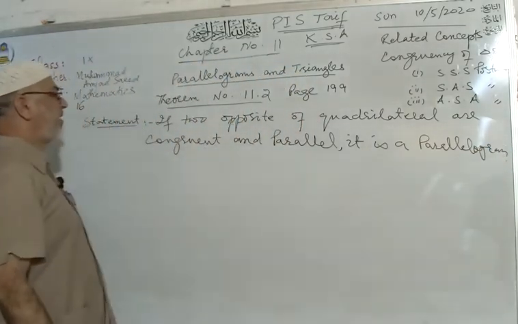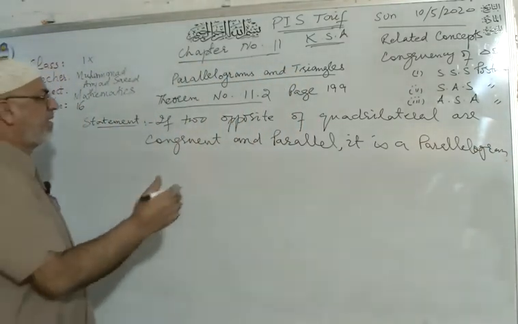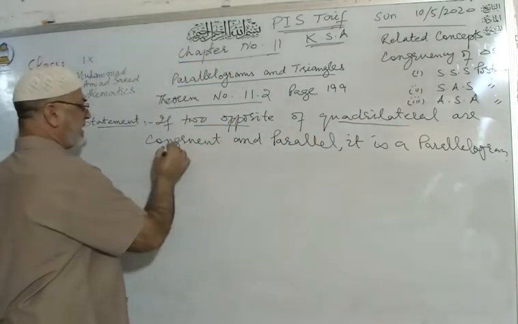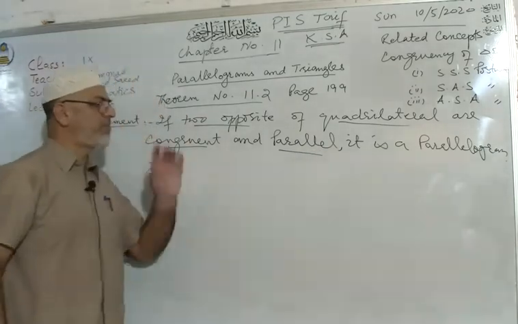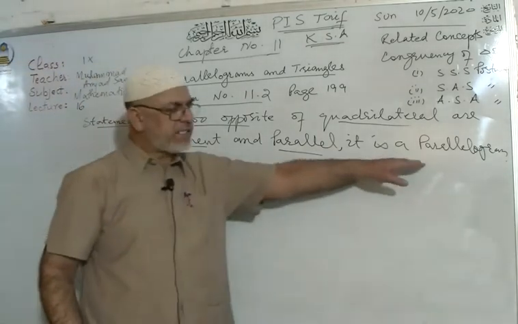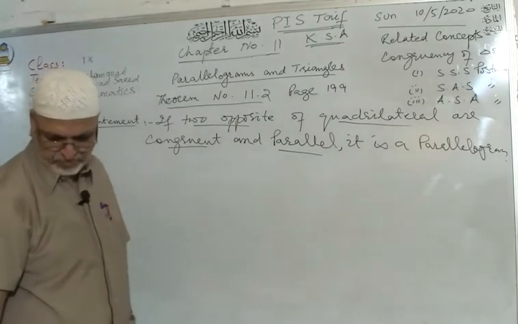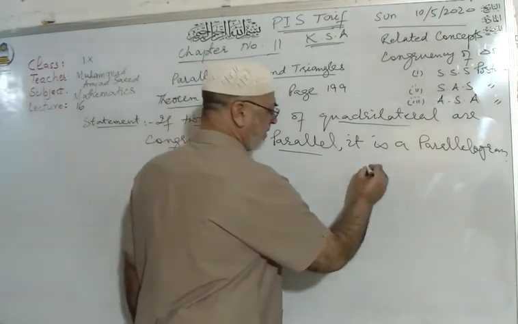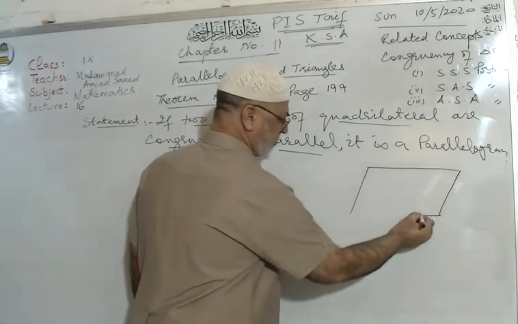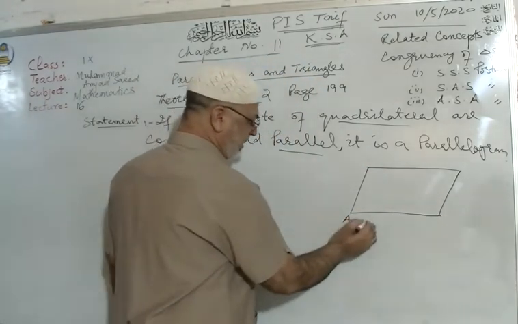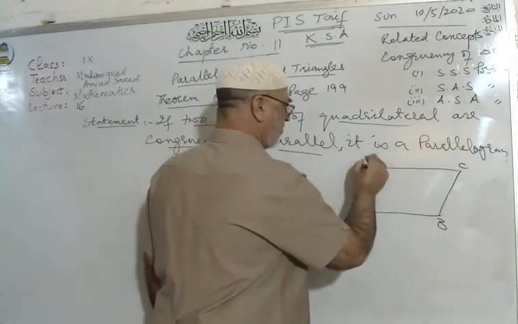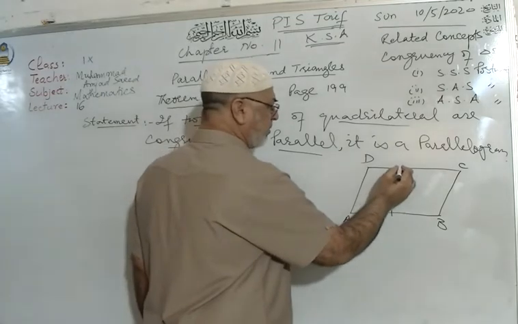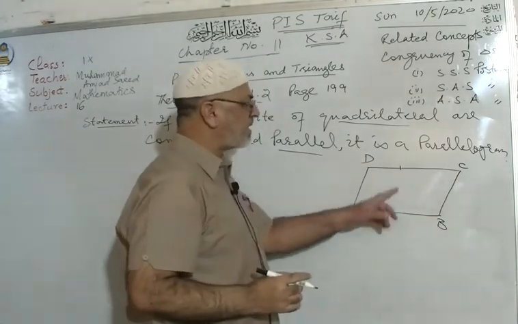Remember that in given, what is given? Given is a quadrilateral with two opposite sides congruent and parallel. This is given. And what to prove? It's a parallelogram. For example, here is quadrilateral ABCD. Its two opposite sides, AB is parallel to DC and AB is congruent to DC.